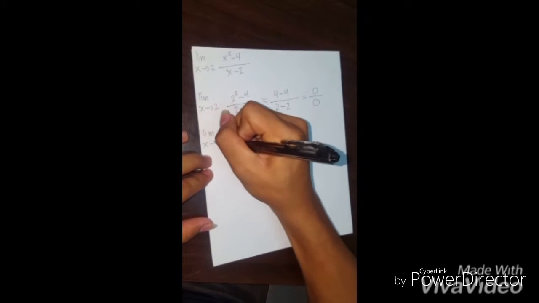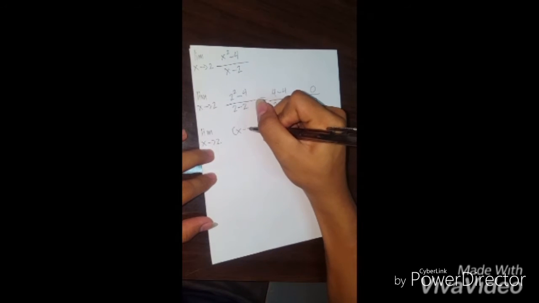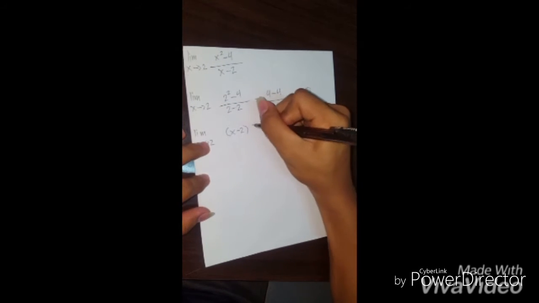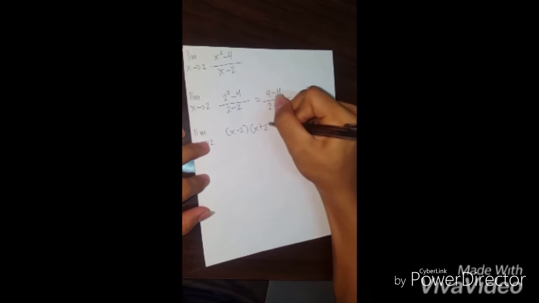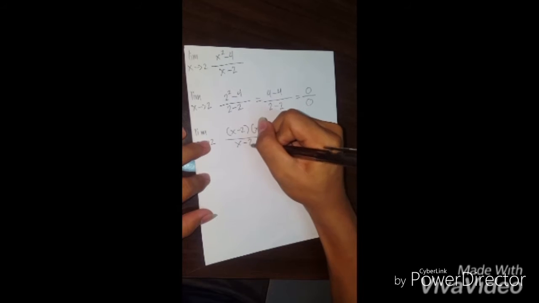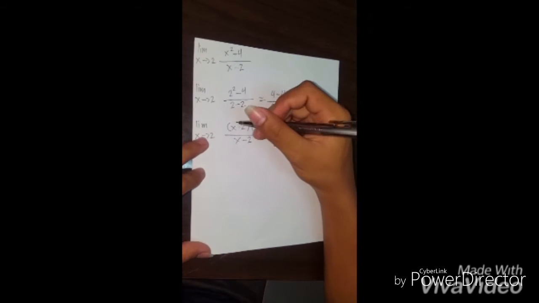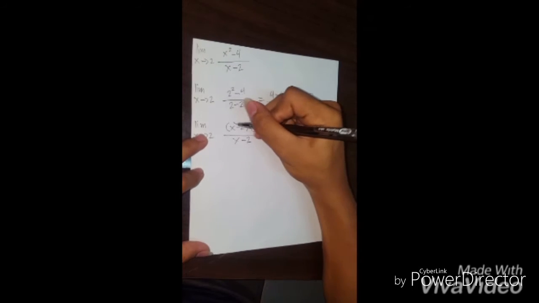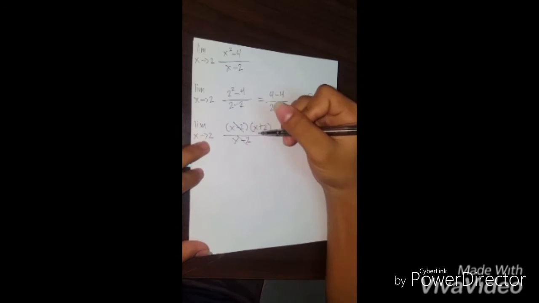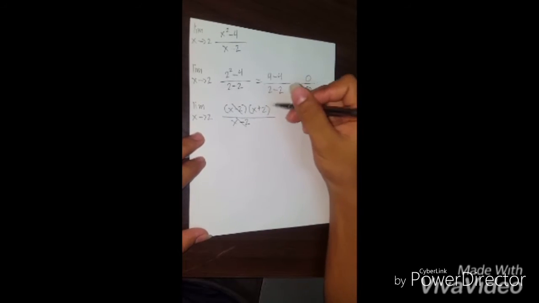The limit as x approaches 2 of x minus 2 times x plus 2 over x minus 2. The common factor here is x minus 2, so we cancel it out. The factor left is x plus 2.